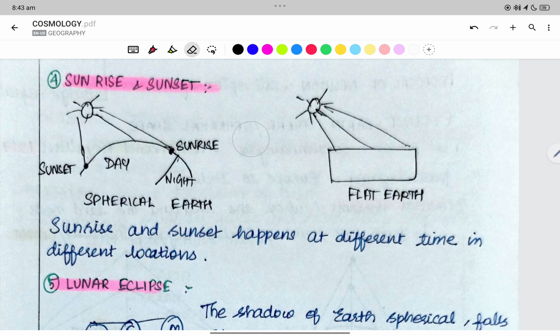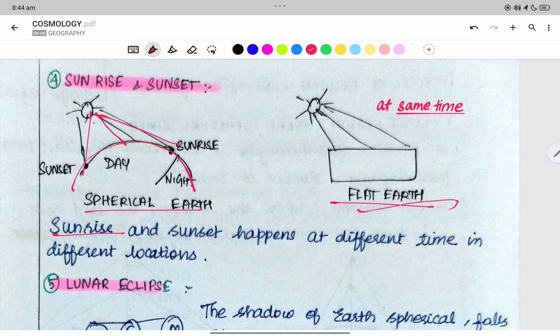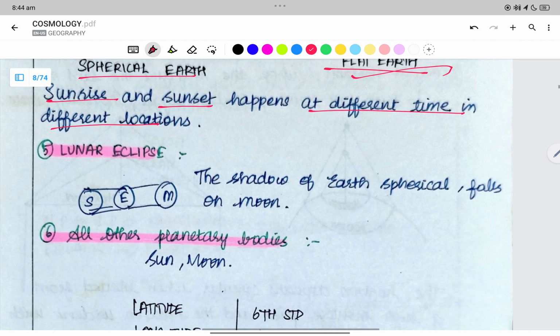So this is the example that if earth is flat, it happens at the same time. The sunrise, midday and sunset happen at the same time. But due to earth being spherical in shape, the sunrise, midday and sunset are at different times. Sunrise and sunset happen at different times in different locations.